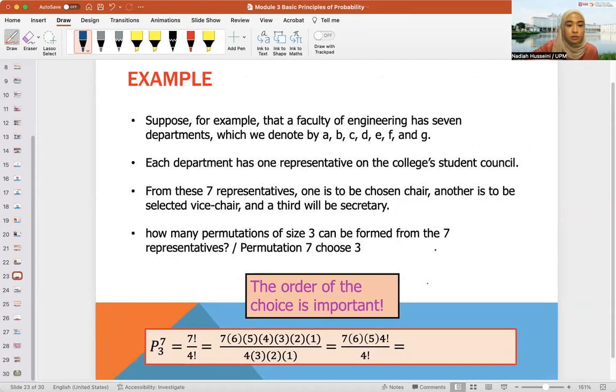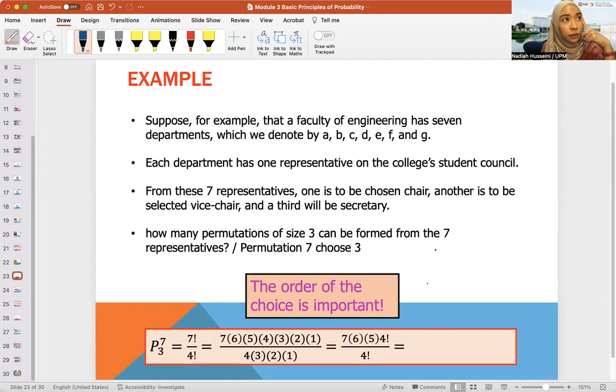Okay, suppose, for example, that a faculty of engineering, not specific to UPM, has 7 departments, which we denote as Department A, Department B, Department C, Department D, Department E, F, G. Each department has 1 representative on the college student council.